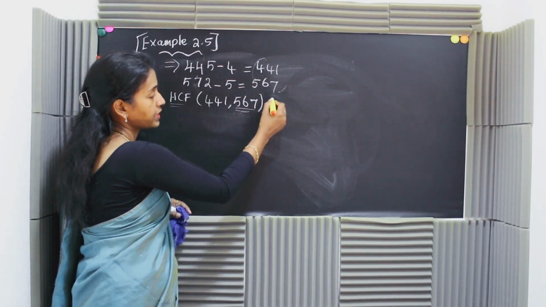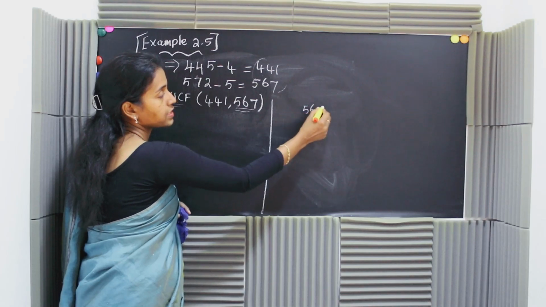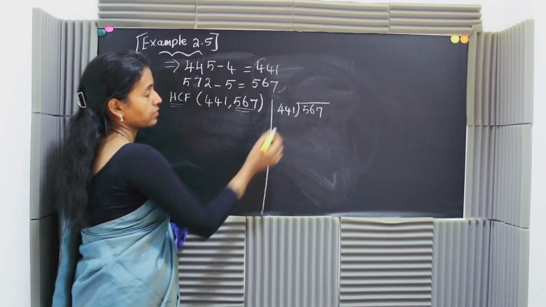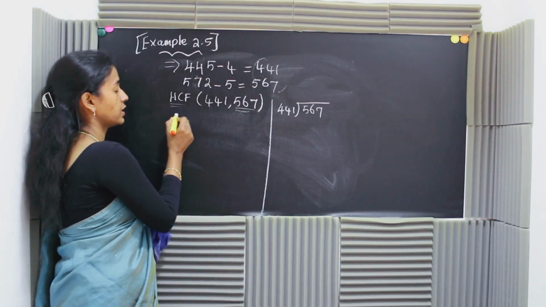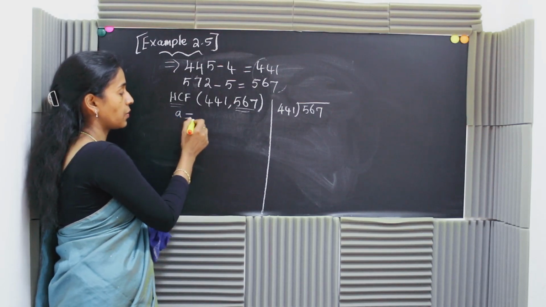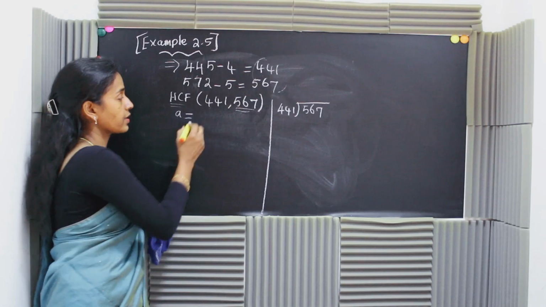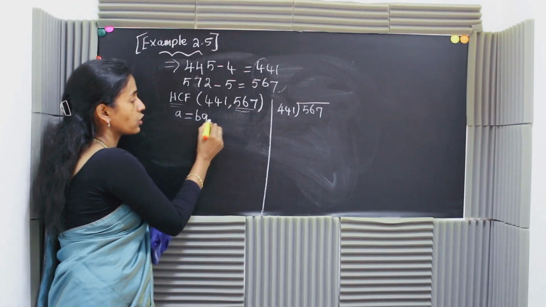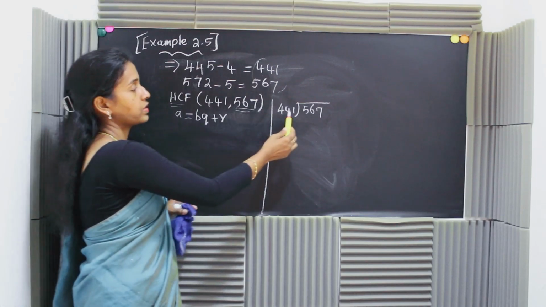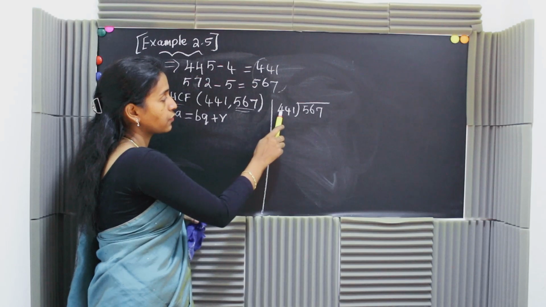Here we should divide 567 by 441. In each step, you have to apply Euclid's division lemma formula. What is that? A equals BQ plus R. Now we can divide 567 by 441.